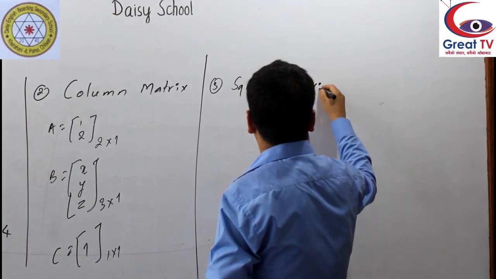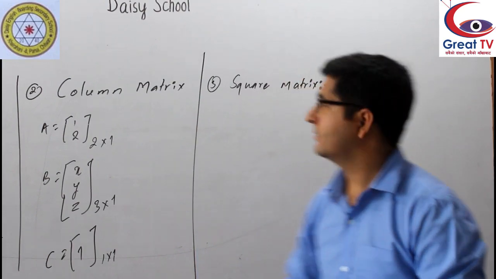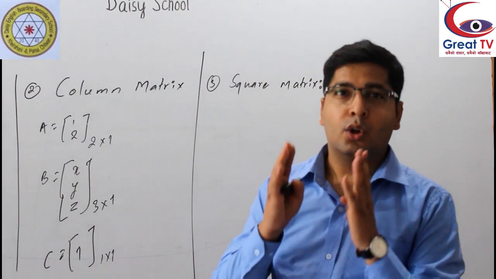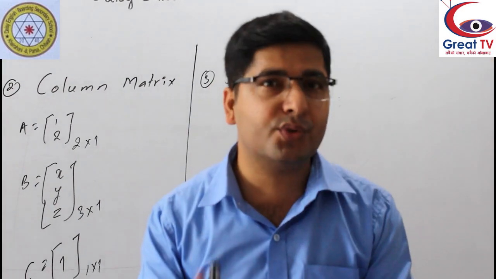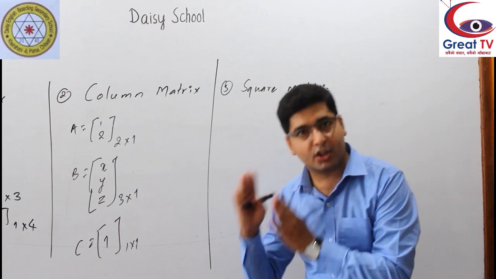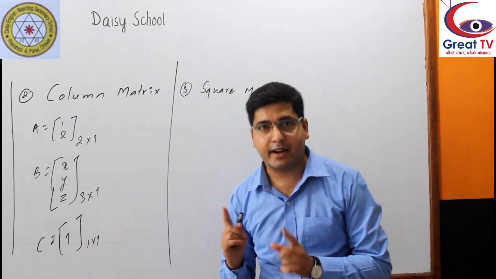Square matrix. Do you know what is a square? Square means a geometric closed figure having all sides equal and all interior angles exactly 90 degrees. Yes, that is a square.